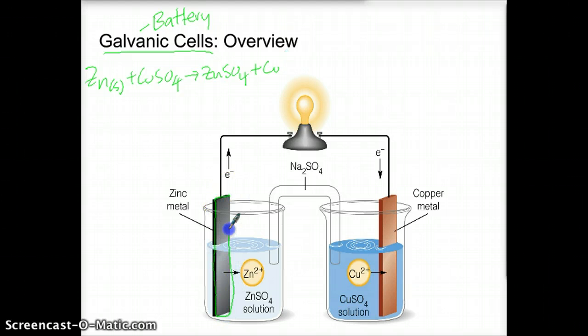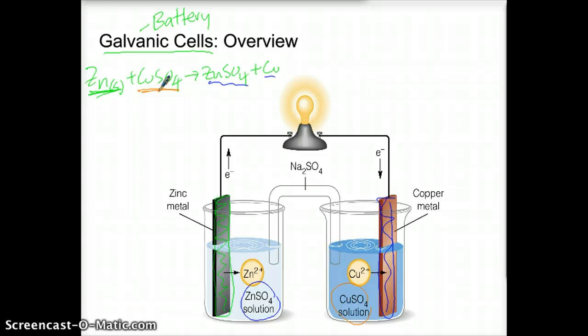Okay? Or excuse me, our zinc, floating around in a solution of zinc sulfate. That's right here. On the other side, we have our metal piece of copper right here, and our solution of copper sulfate right here. So those are the 4 things that are set up.